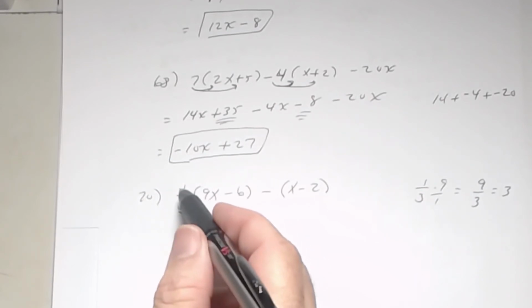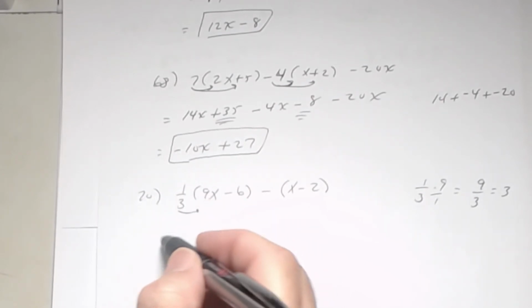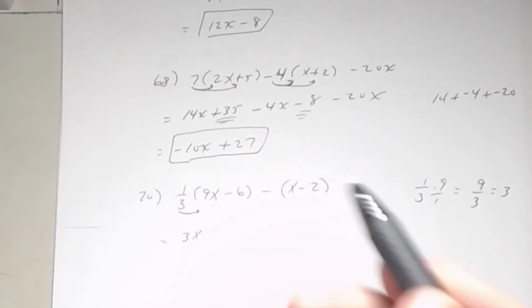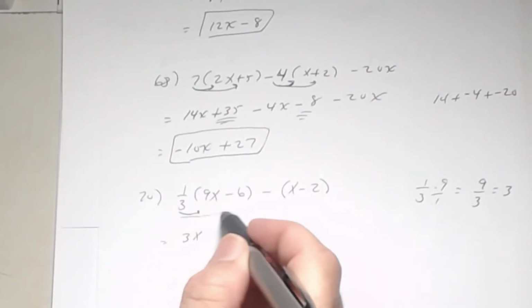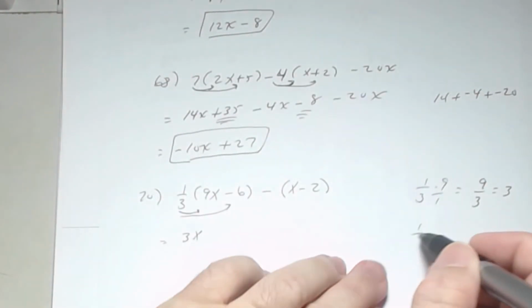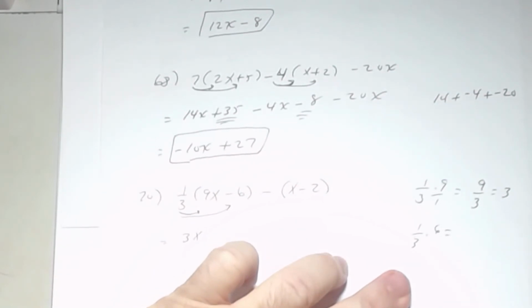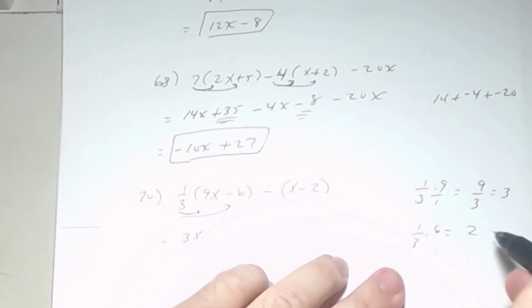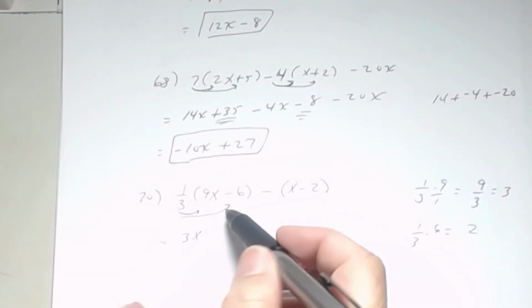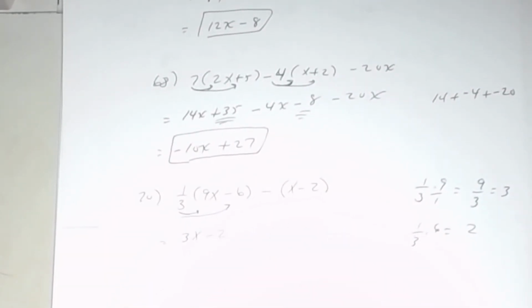And 1/3 of 9x then is what? 3x. This is what I would like you to show. And then what is 1/3 of negative 6? 1/3 of 6 is just 2, so 1/3 of negative 6 is negative 2.